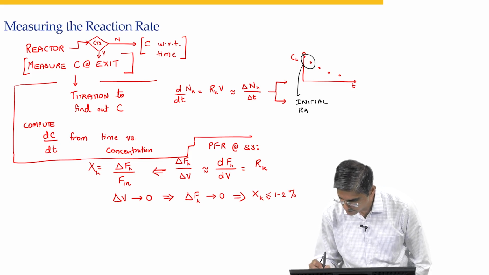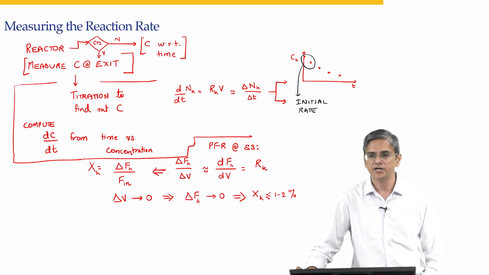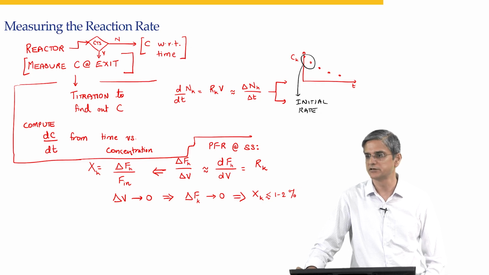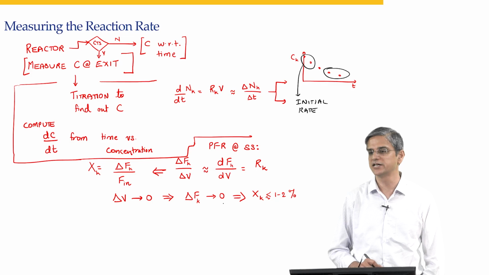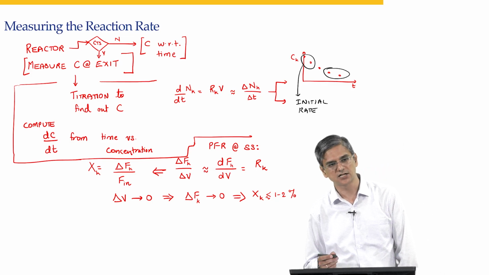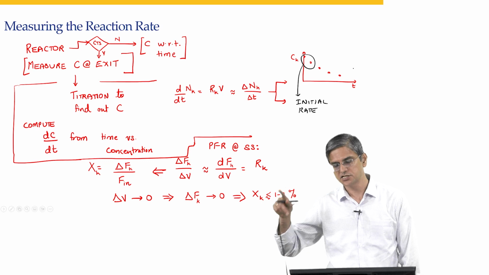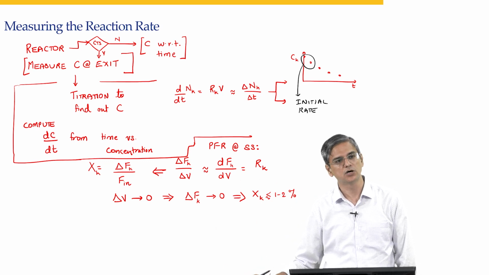In most modern research, we usually use only the initial rate, because at this point your rate starts getting affected by the products that are being formed. If you have sequential reactions, then the subsequent reactions start playing a role and so on.